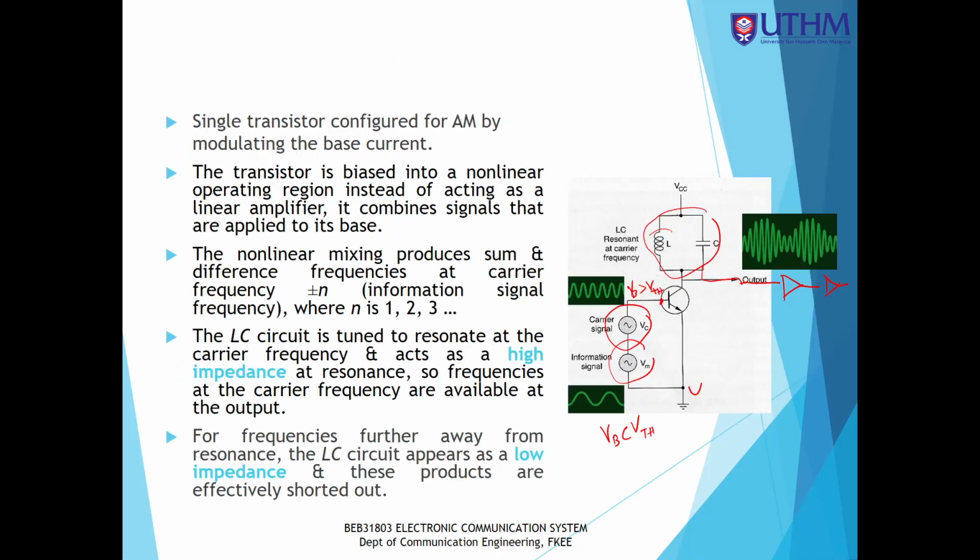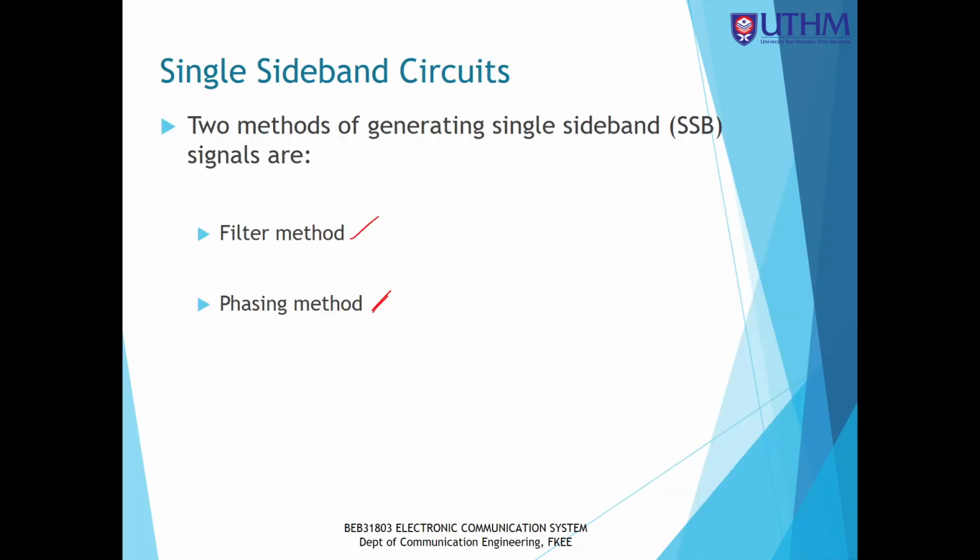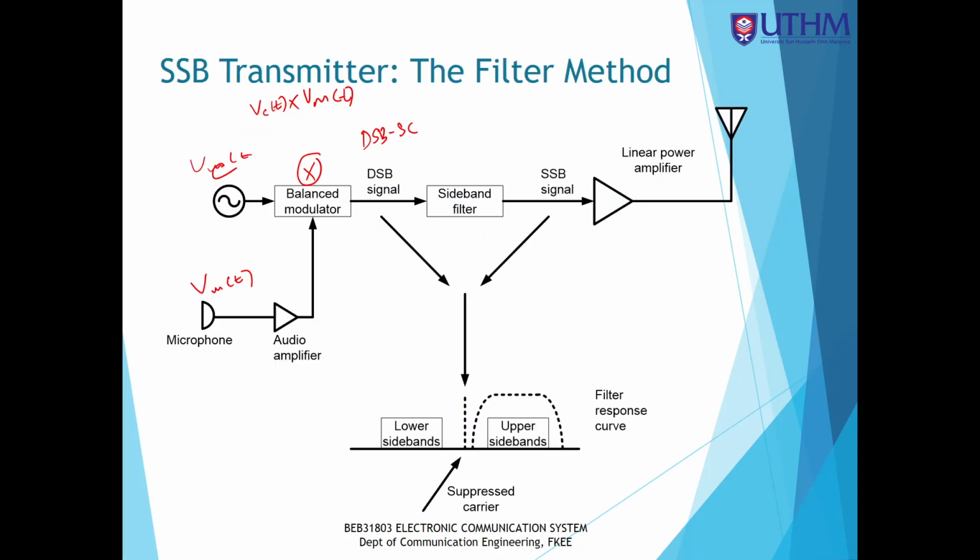In other examples, the balanced modulator is sometimes shown as a round shape with X. So you produce double sideband suppressed carrier, and then we add another filter to select one of the sidebands. In this example, it chooses the upper sideband and removes the lower sideband. Then it goes through the amplifier to amplify the amplitude, and then we can transmit the signal.